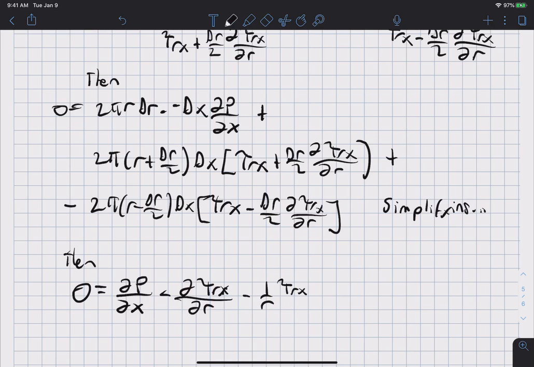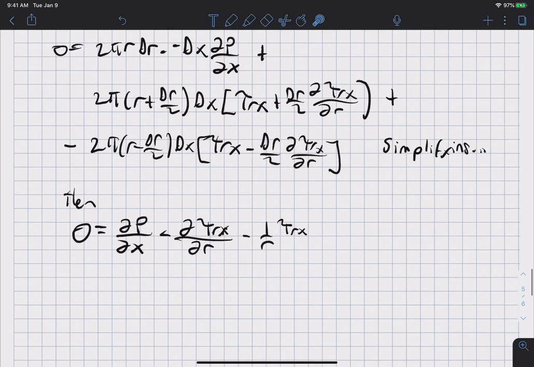Essentially how we get to that is we just expand these terms out here, and most of them cancel out, and you divide by 2 pi r delta x. And when you do that, you wind up with these terms here. Now there's a nice simplification that we can do here.